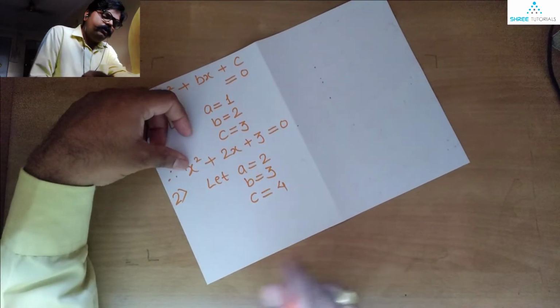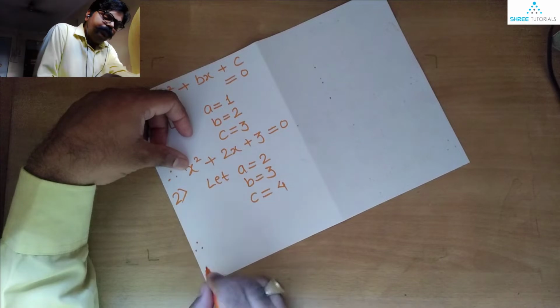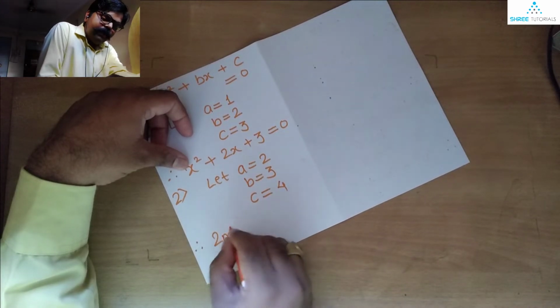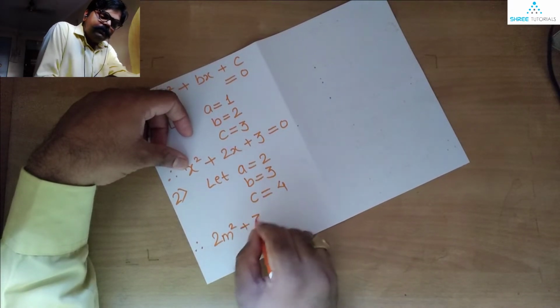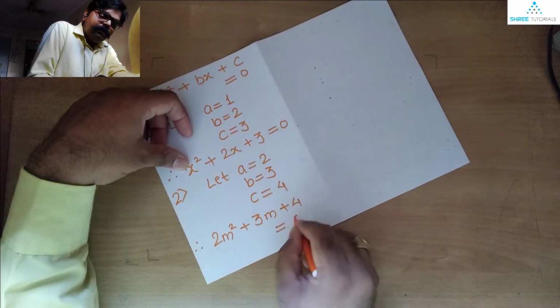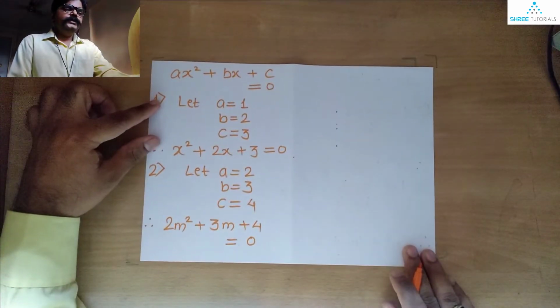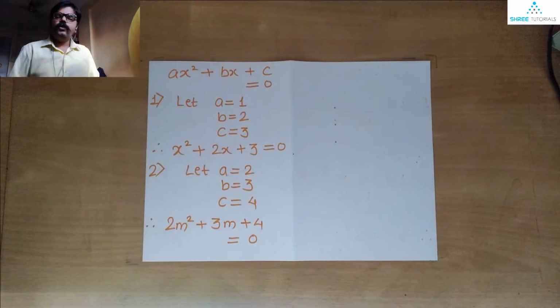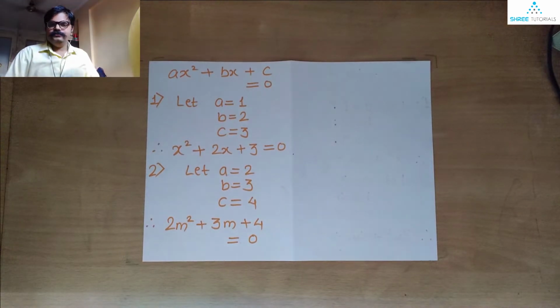Therefore, 2m square plus 3m plus 4 is equal to 0. This is our quadratic equation, example number 2.